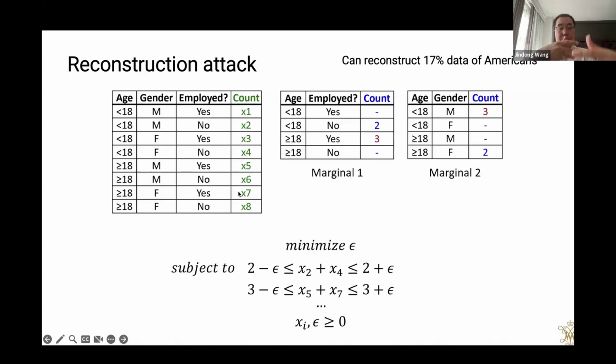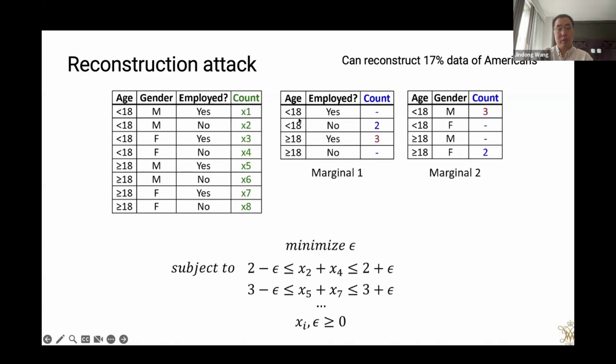So we treat each cell as a variable, X1 to X8. We want to know how many contribute to X1 and how many contribute to X2. We want to know the exact count, not just X1. We want to know if it's 1 or 2 or 3 or 4. So we make them variables.